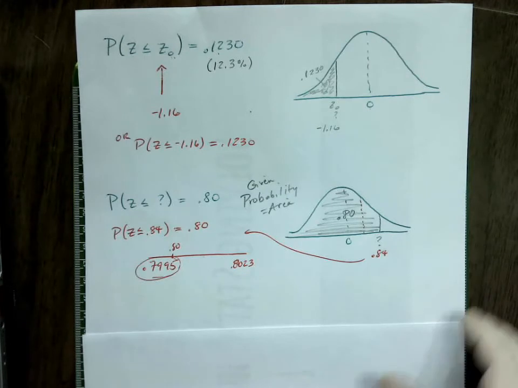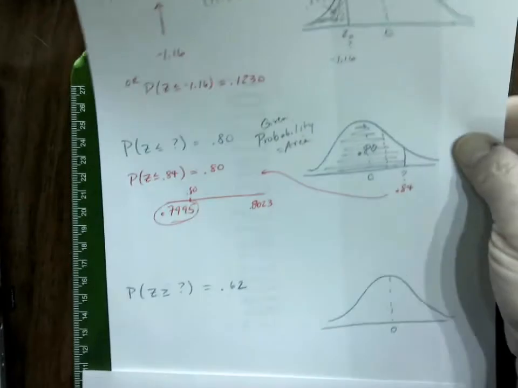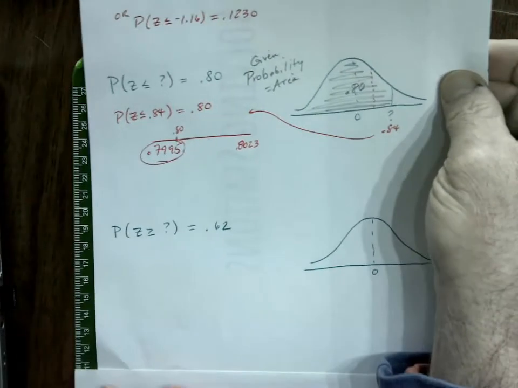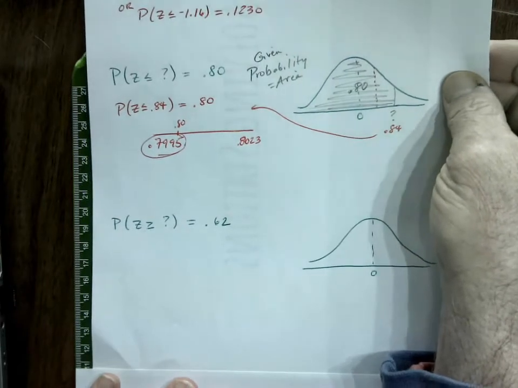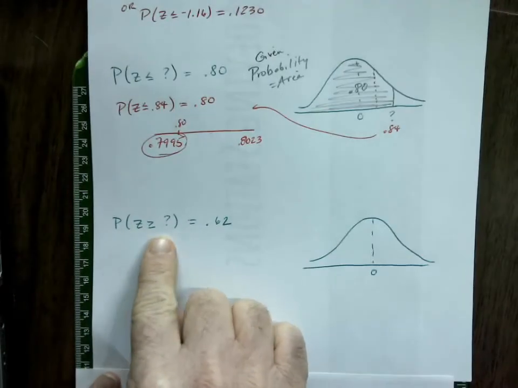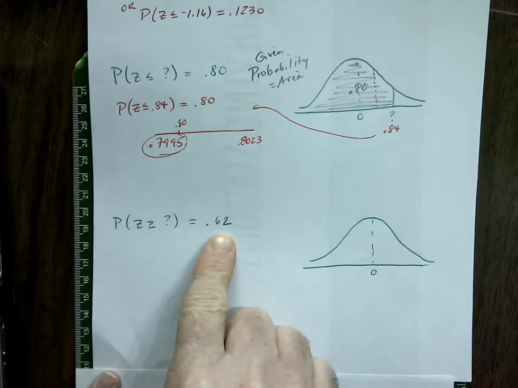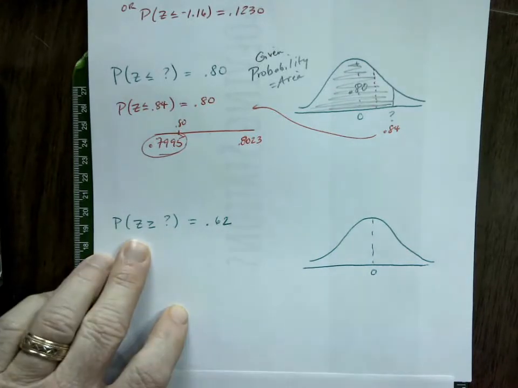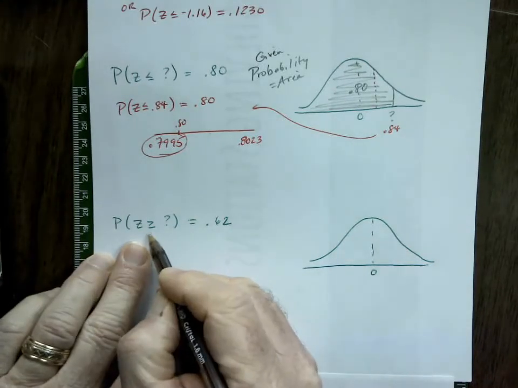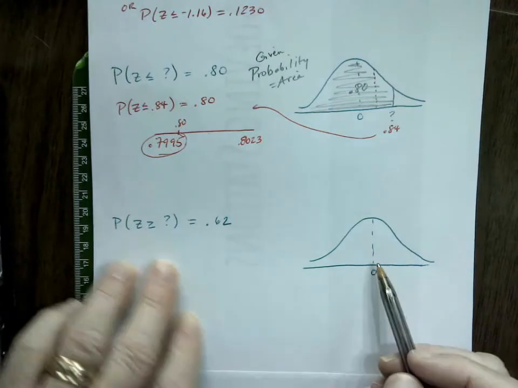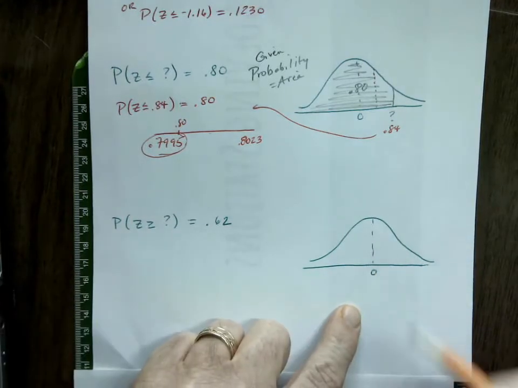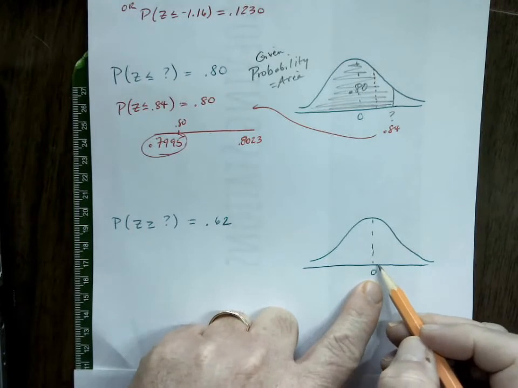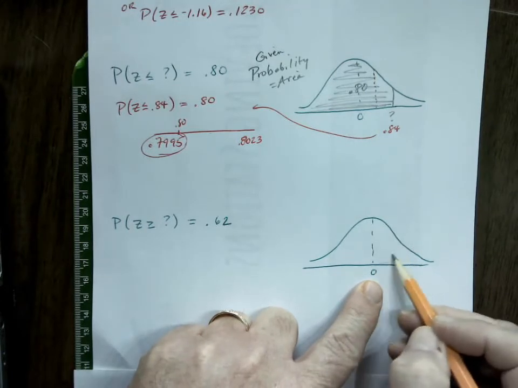All right, another example. Here we go. This looks very familiar. Probability that z is greater than or equal to some number is 0.62. But the difference here is that I want something greater than or equal to. So thinking about that with my pencil because it's easier to shade. Greater than the mean here is 50%, right?